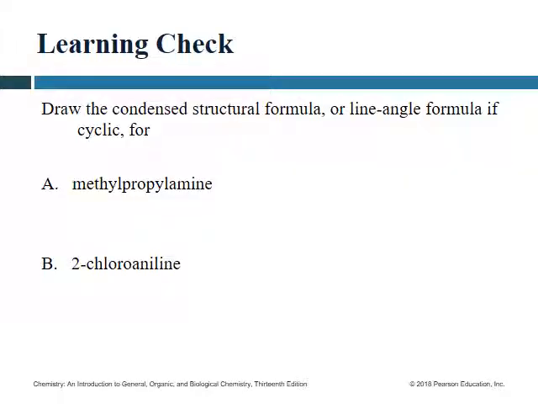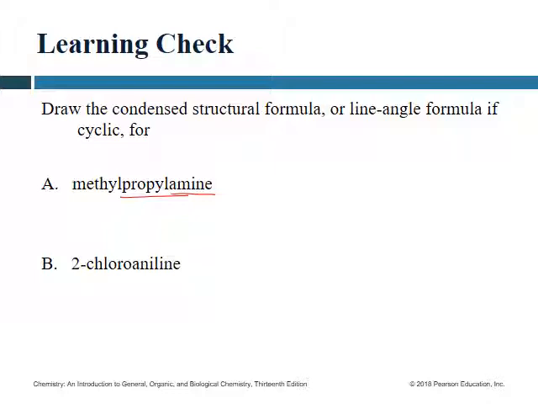Okay, so let's try this question. Draw the condensed structure formula, or line angle formula if cyclic, for methyl propyl amine. So the first thing you recognize is always start from the end. I see it's an amine. What type of amine? Propylamine. This is giving me the common name. This is not the IUPAC name, right?